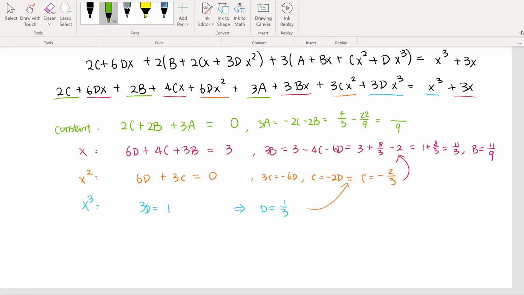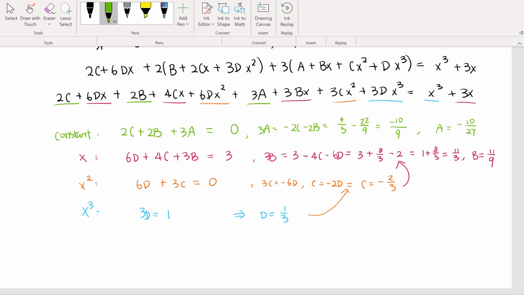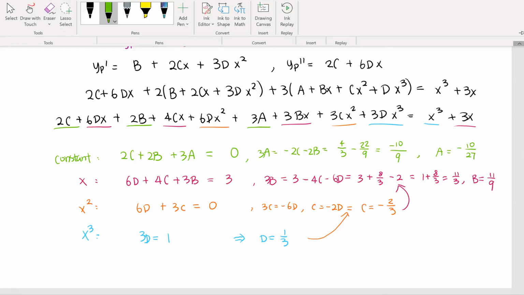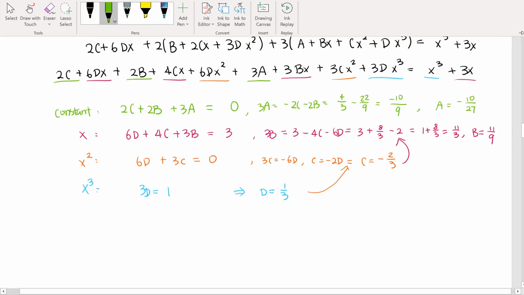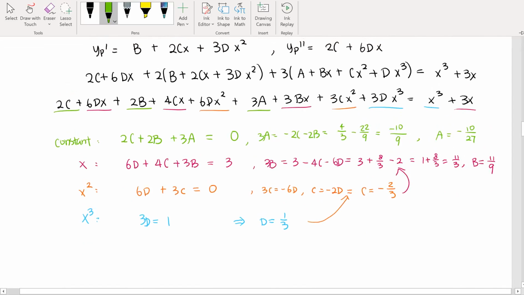The first term we multiply by 3 on the top. 12 minus 22 is negative 10. So a is negative 10 over 27. All right, everybody.